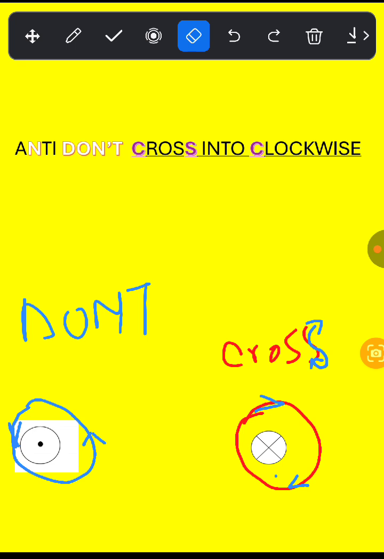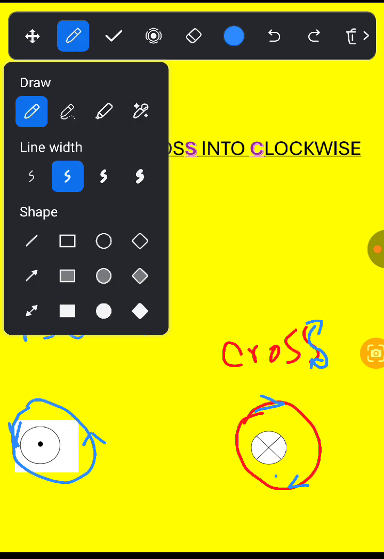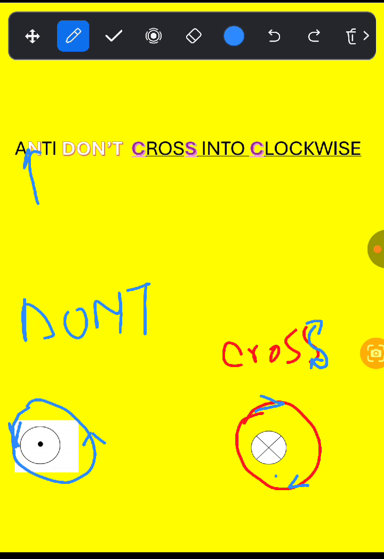And then you wrap the end so you can see the direction of the magnetic field. And this is anti-clockwise because the word anti has the N again, just to remind you anyway, right?